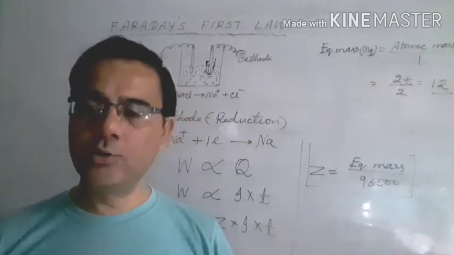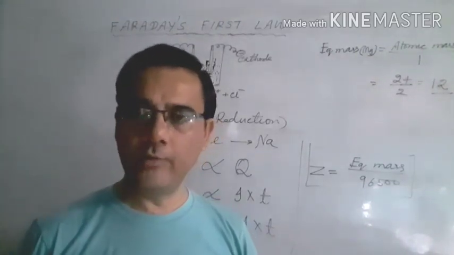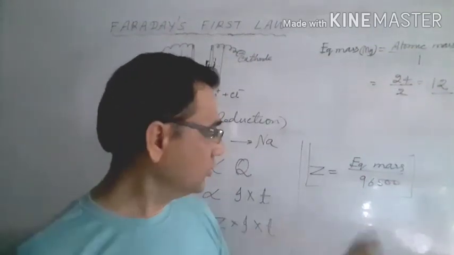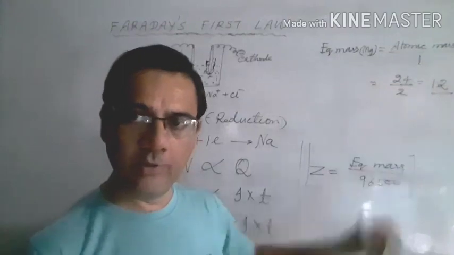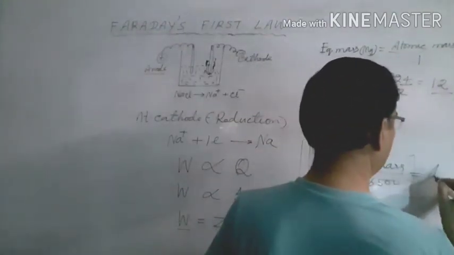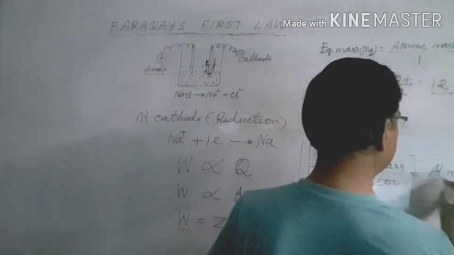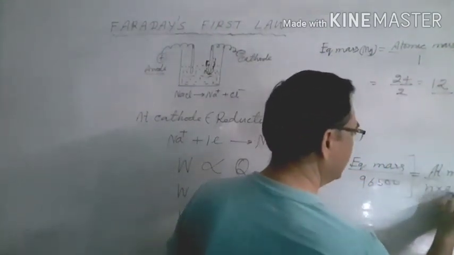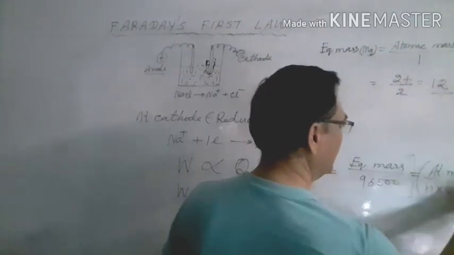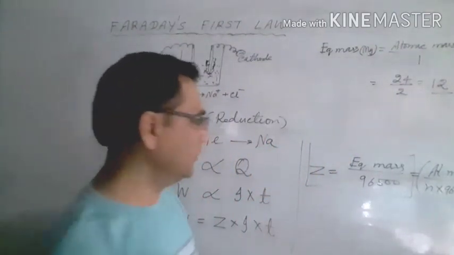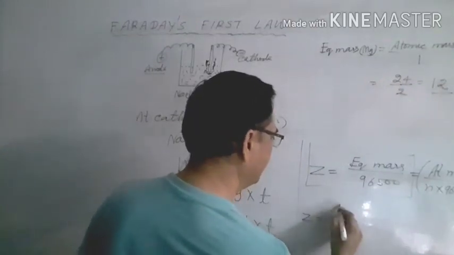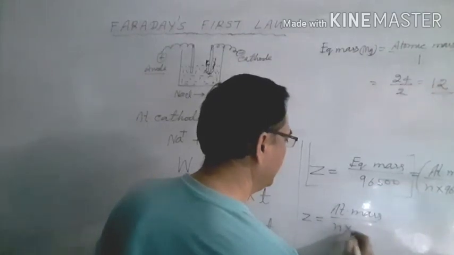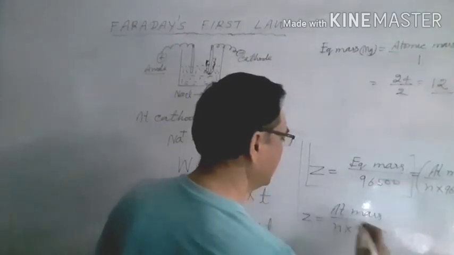So whenever we need to calculate the equivalent mass of an element, it is equal to atomic mass upon its valency. So we equate this equivalent mass to atomic mass upon valency, and we write the valency as n, into 96,500. So the overall formula you will get: Z is equal to atomic mass upon n into 96,500.